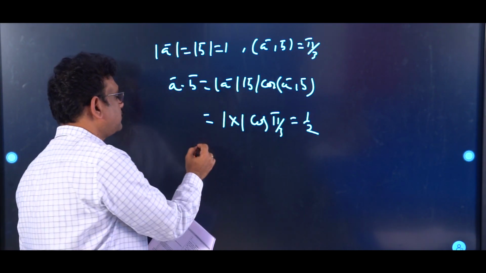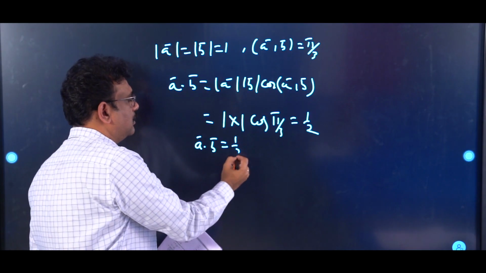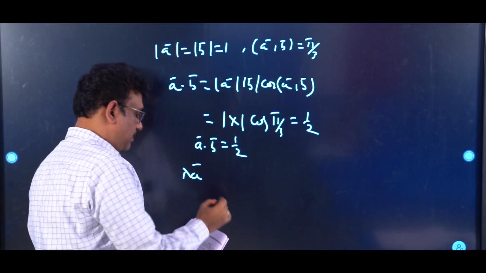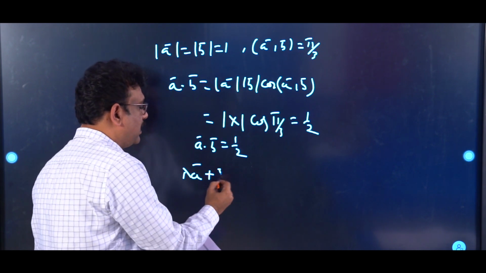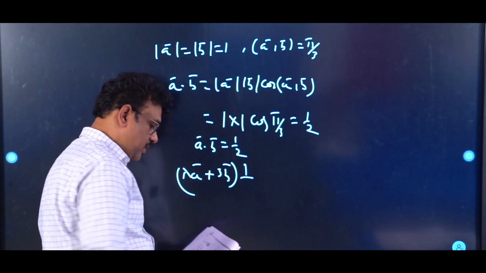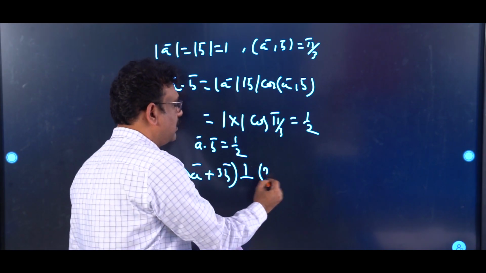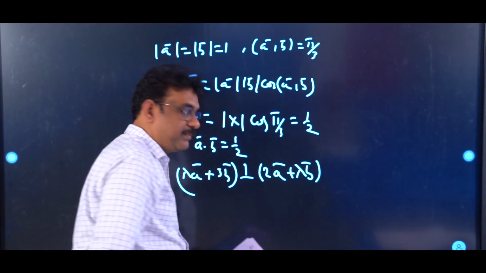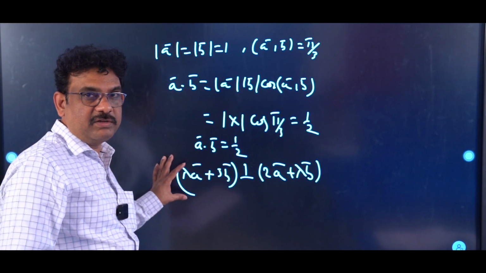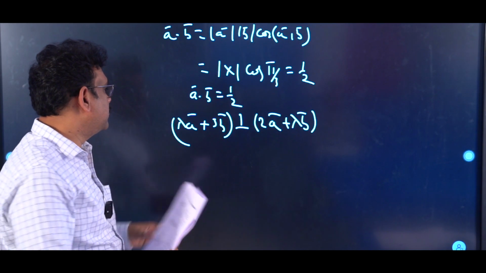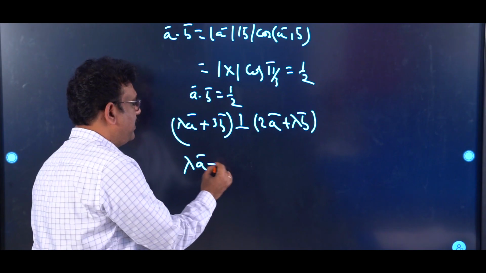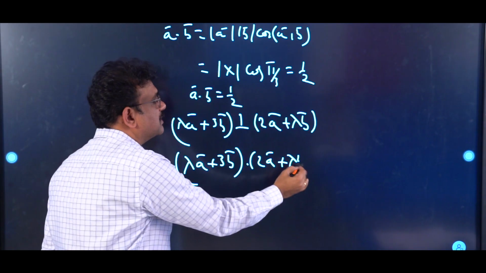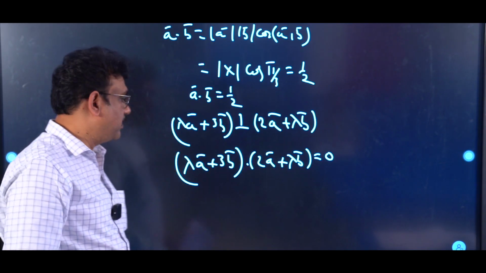Next, lambda a bar plus 3b bar is perpendicular to 2a bar plus lambda b bar. Now these two vectors are perpendicular to each other, so the dot product is equal to 0. So lambda a bar plus 3b bar dot 2a bar plus lambda b bar equals 0.